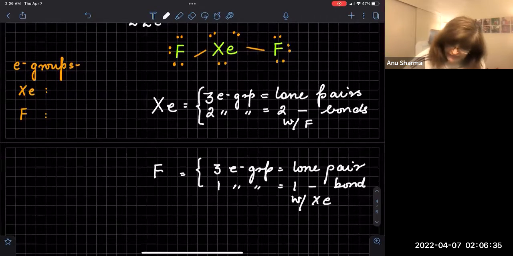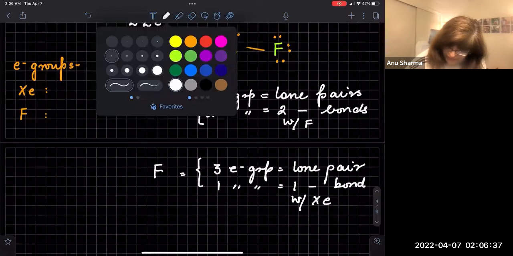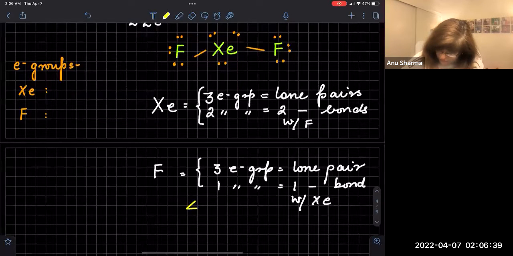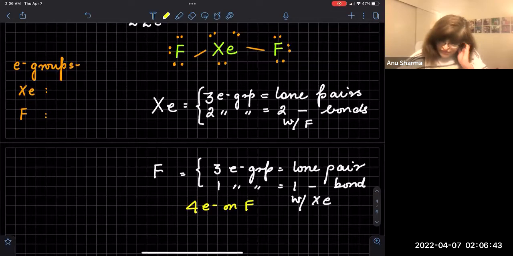So fluorine has a total of 4 electron groups, and we see 5 electron groups on xenon.